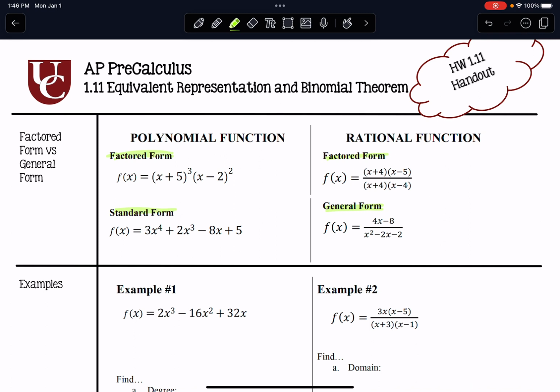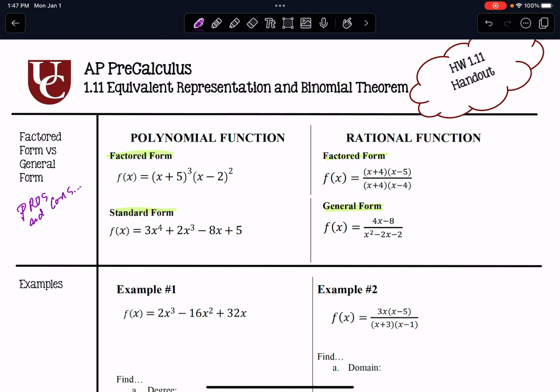Now there's good things about each form for each kind, for polynomials and for rational. So let's go through those and keep in mind, refresh yourselves, what are the pros and cons of each representation.